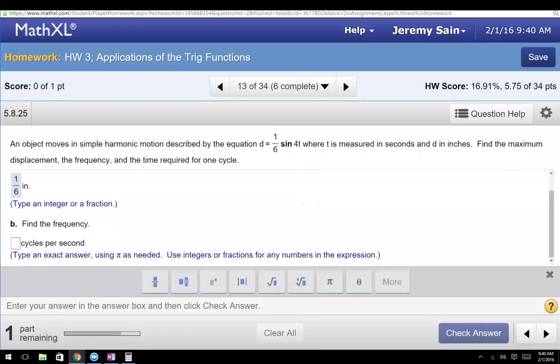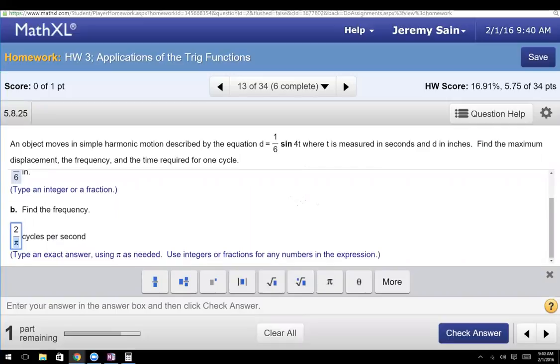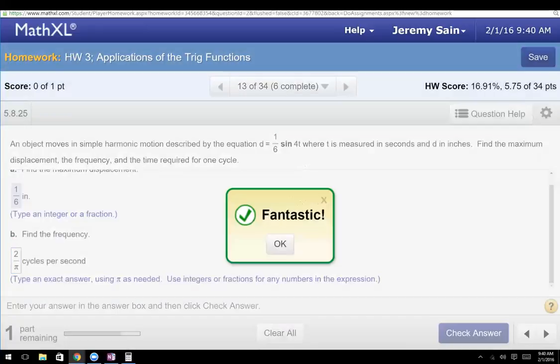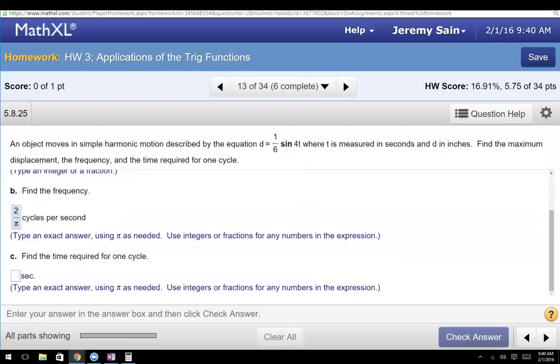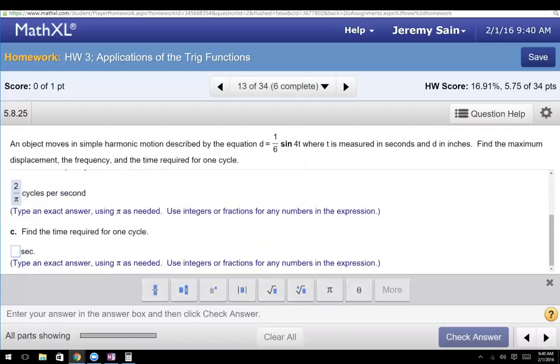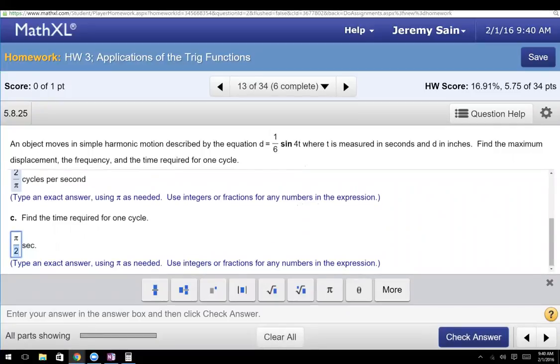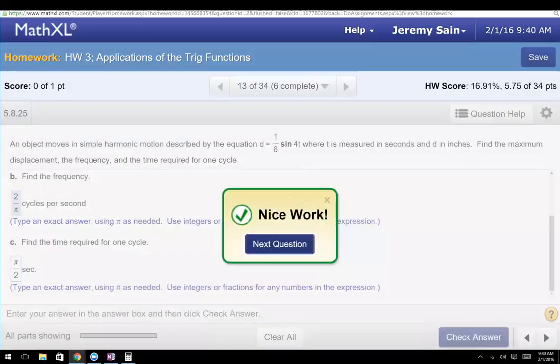Well, it's 2 over pi. Oh, yeah, 2 over pi. That's fine. And the period is always just 1 over the frequency, right? So what would it be? Pi over 2. Boom.